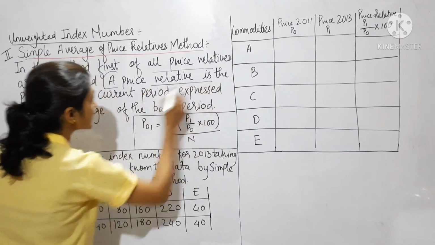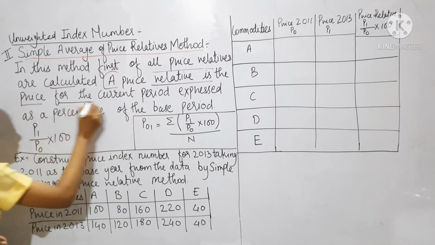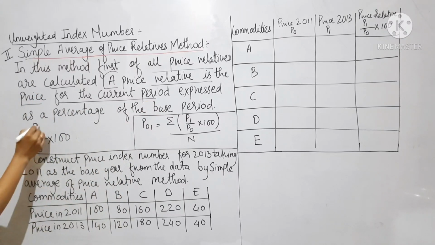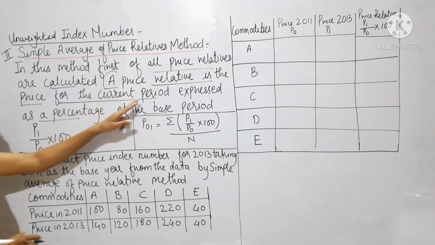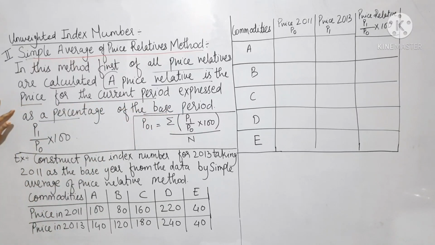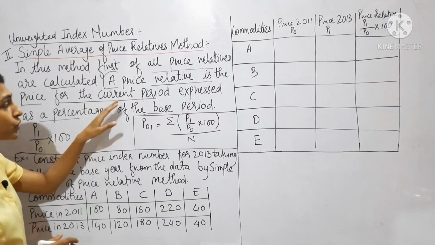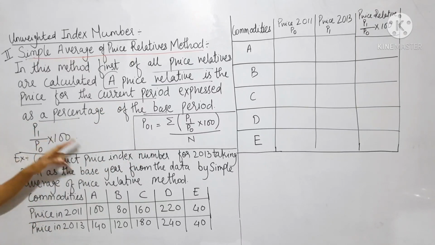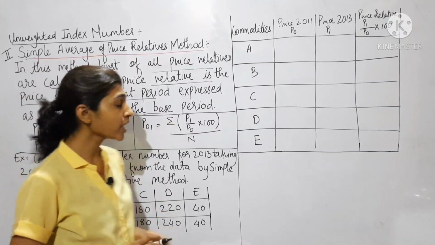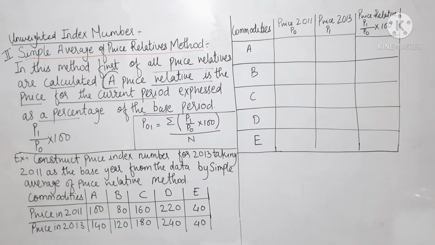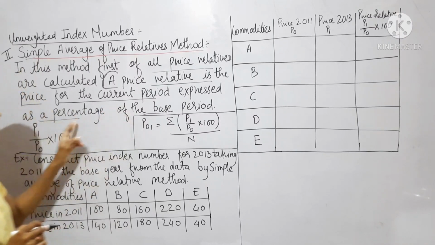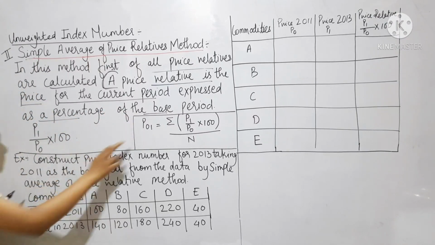A price relative is the price for the current period expressed as a percentage of the base period. It is the price for the current period expressed in percentage of the base year.